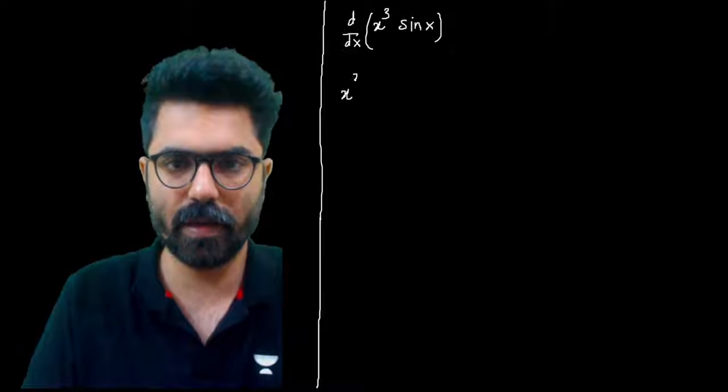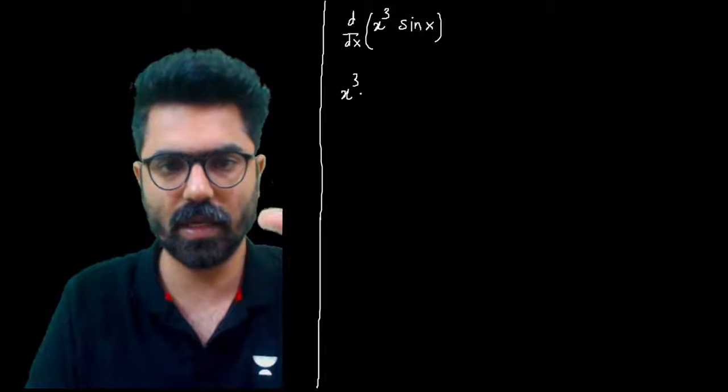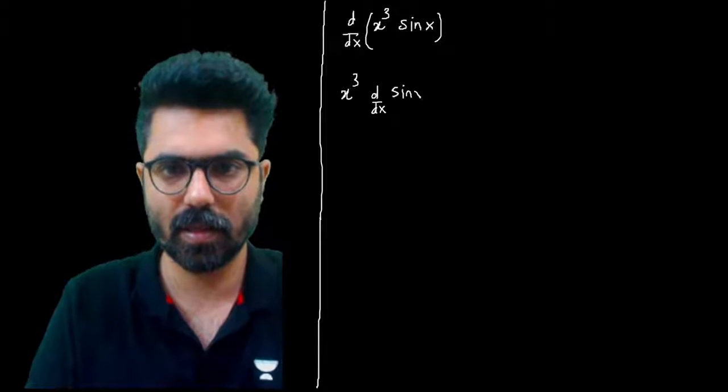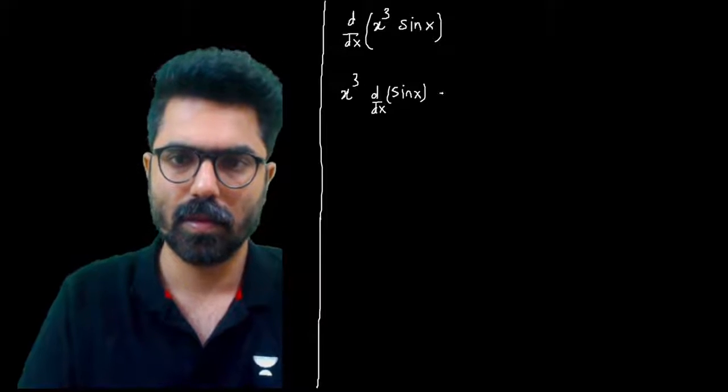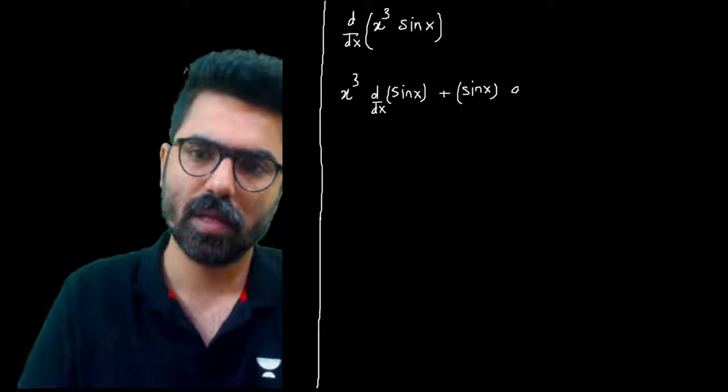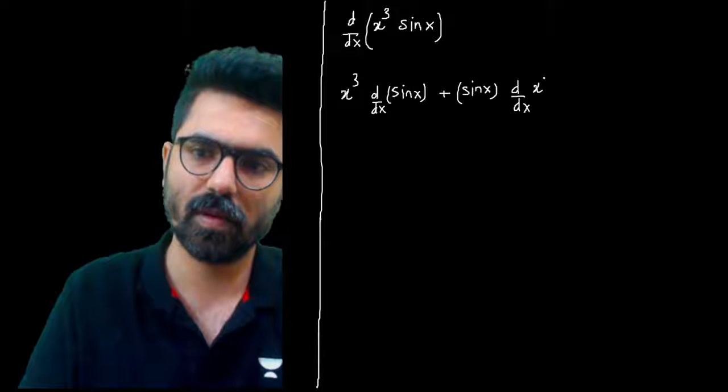First you keep the first function as it is, x cube, then write the derivative of sin x. Plus, then you write sin x as it is and write the derivative of x cube.